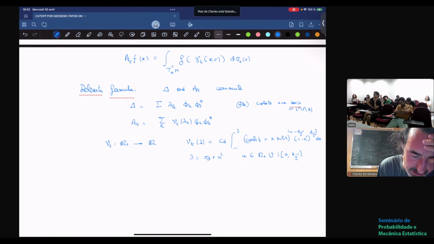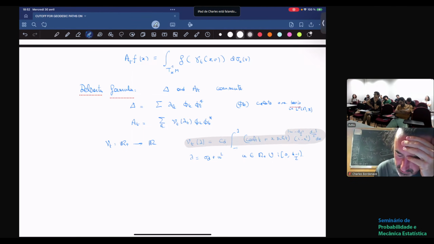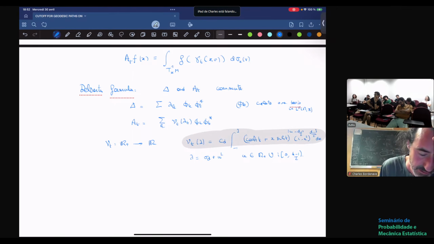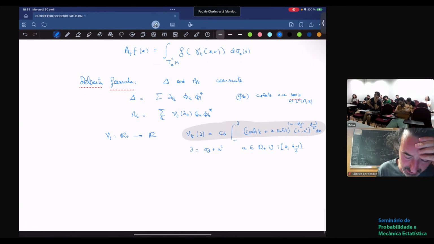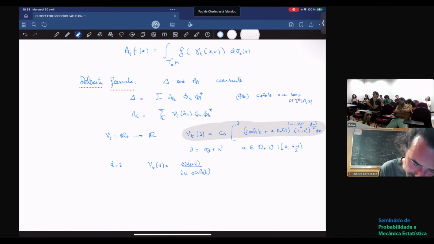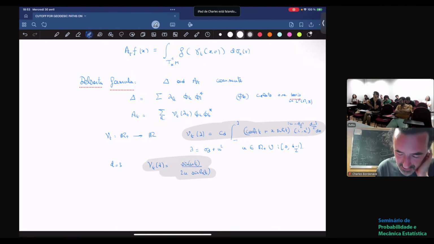So there is an explicit formula for the eigenvalues of this map. For example, in dimension 3, nu_t(lambda) is exactly sin(ut) divided by 2u sinh(t), maybe with a constant. So we have an explicit formula in even and odd dimensions.